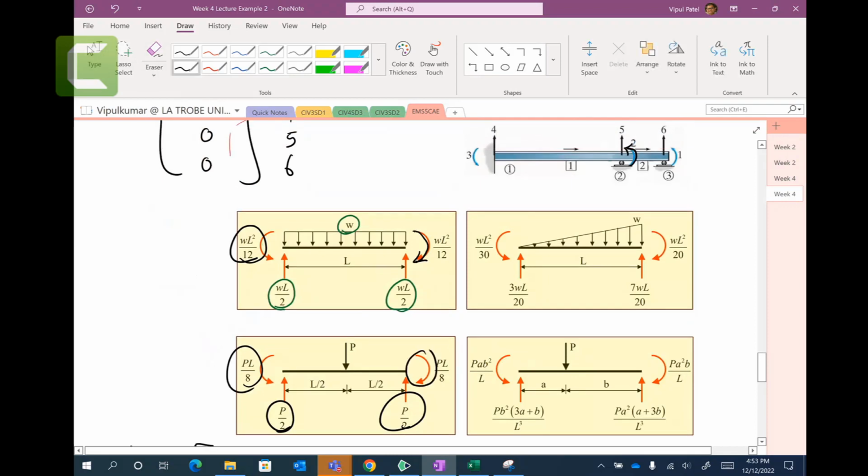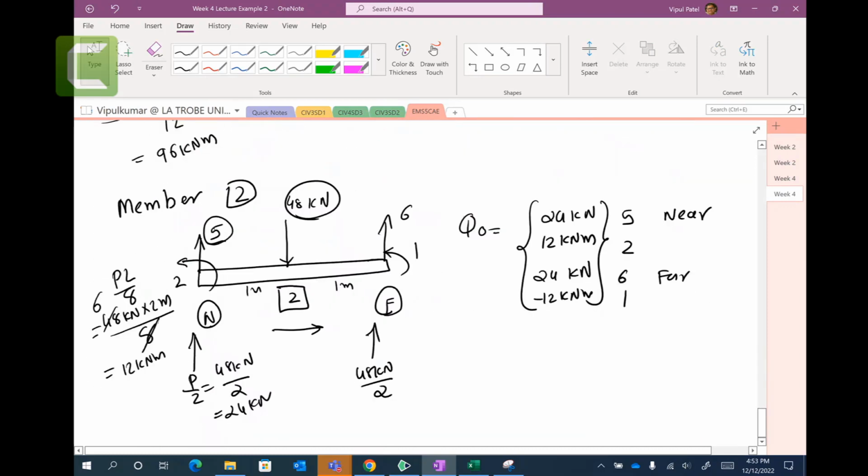This sign is going clockwise, and this one is anti-clockwise. So therefore PL on 8 here, PL on 8, which is 48 times 2 on 8, gives me minus 12 kilonewton meters. So 5 to 6 ones.